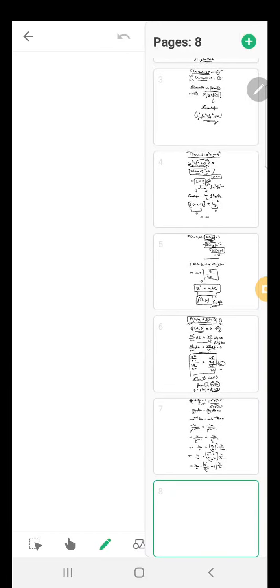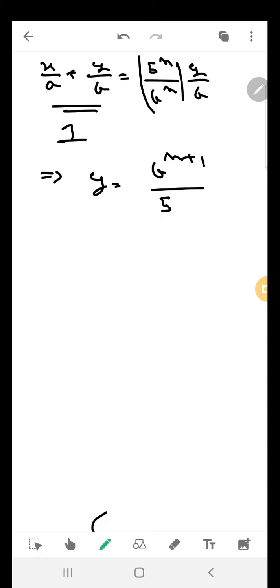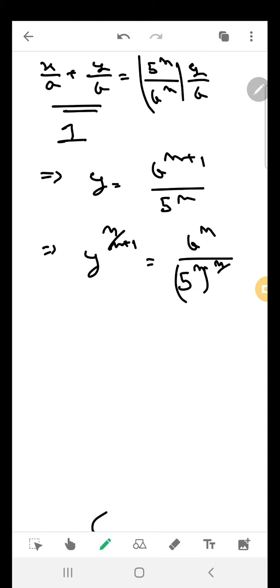Then from here we can say that x over a plus y over b equals 5 to the power n over b to the power n times y over b. This is your 1. From here we can say that y equals b to the power n plus 1 over 5 to the power n. And from here we can say that y to the power n over n plus 1 equals b to the power n over 5 to the power n times n over n plus 1.